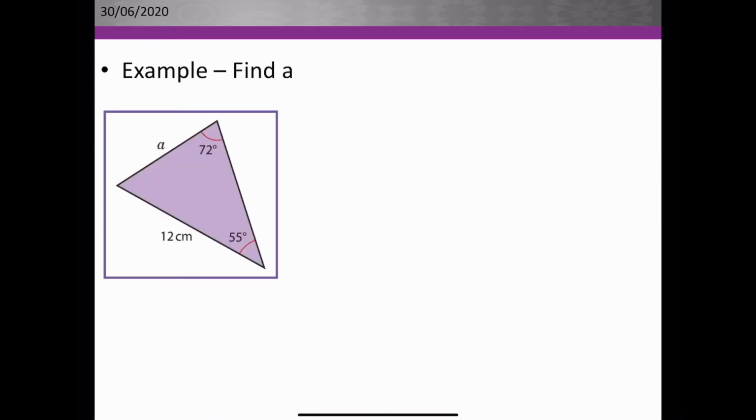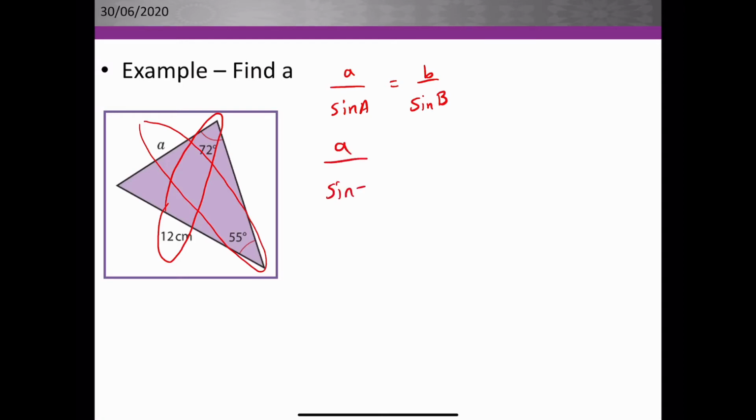Example here, again, we're going to be using the sine rule. We're trying to find a. First thing we do is make sure that you draw these lines, because that tells you the pairs. Am I trying to find the length or the angle? You're trying to find the length. So it's a over sin A equals b over sin B. So what is a? Well, a over sin 55, because it's corresponding, equals 12 over sin 72.